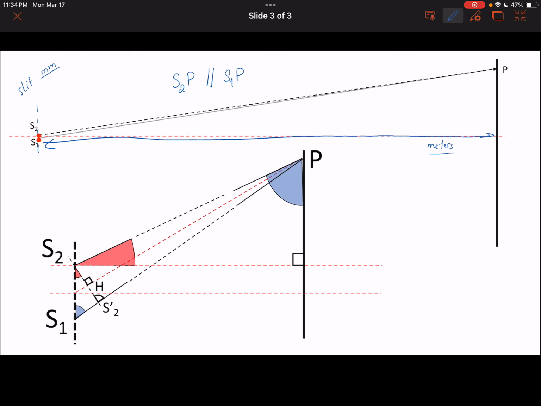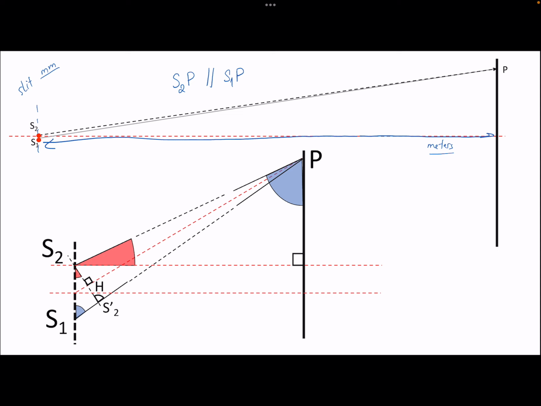So what is the angle we want to talk about here? Let's have a look at the diagram below. Again, our purpose is to calculate the path difference, so that should be S1P minus S2P, because in this case S1P is slightly longer.